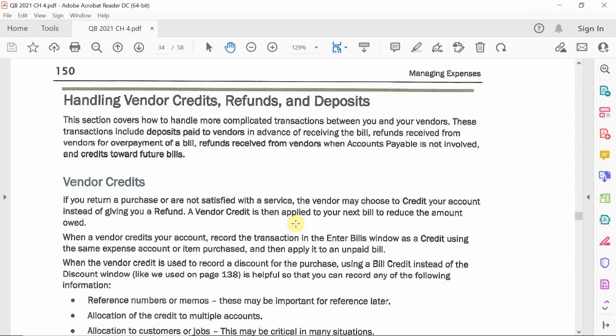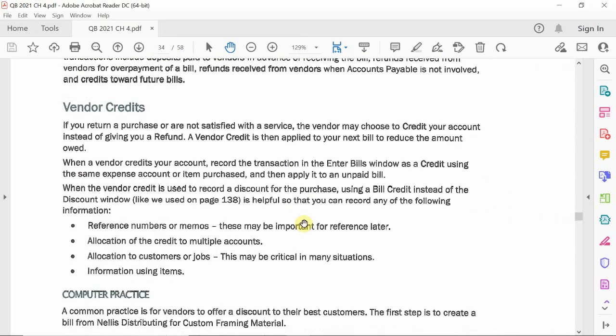So, again, for any reason that you have to return a product, because of the way it came out or because it was broken due to shipment when you purchased it, you can request a vendor credit at any given time. Okay? So, a vendor credit, what happens here?